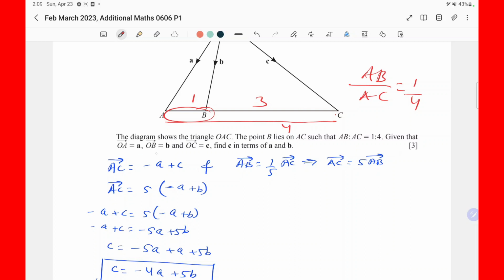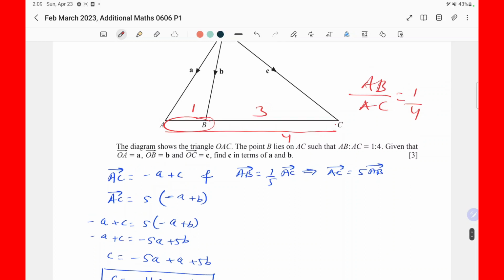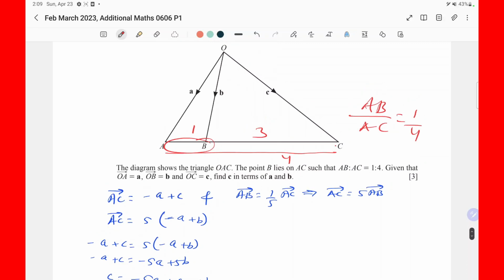Now given that OA is a, OB is b, OC is c, find c in terms of a and b. First AC, A to C, which is minus a, the opposite of OA, then plus c. How to find AC? I will go this way and then this way. So this is minus a plus c.